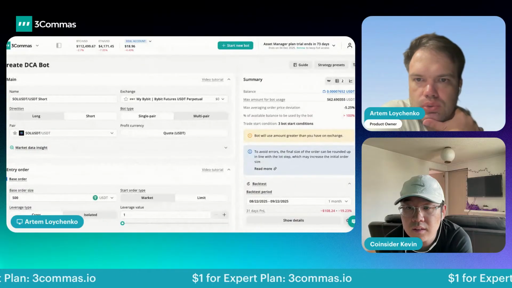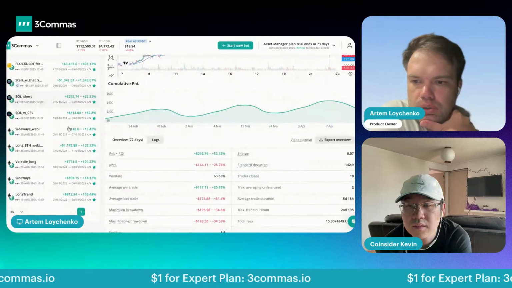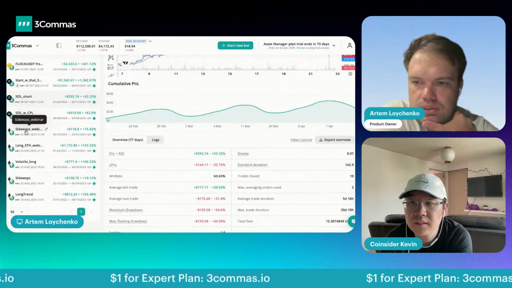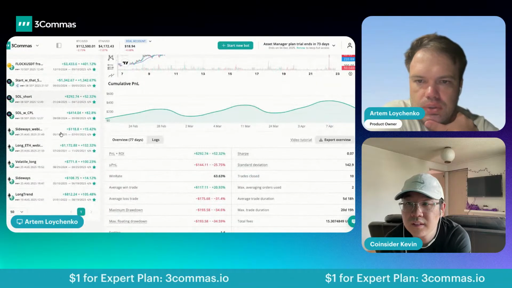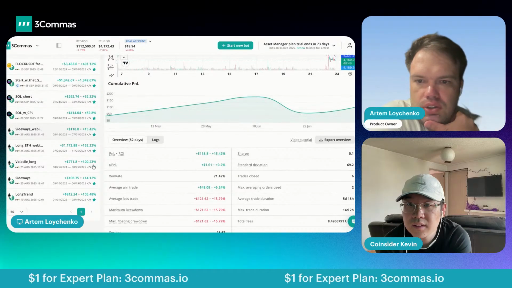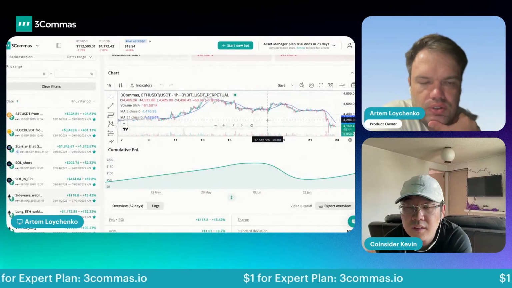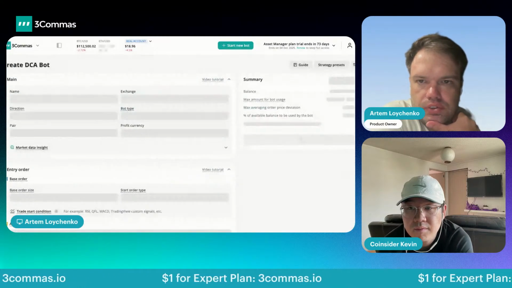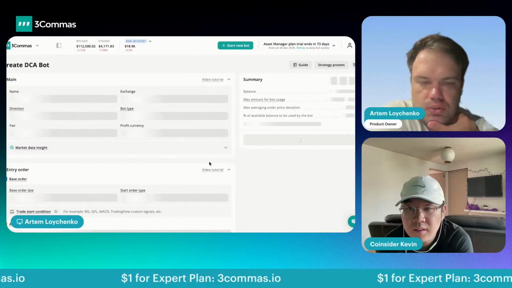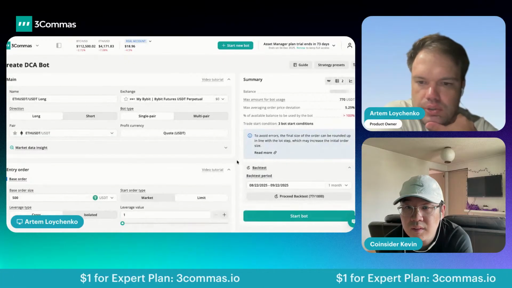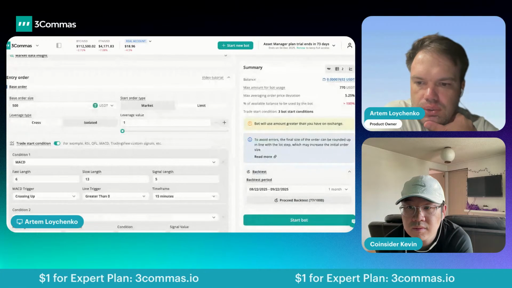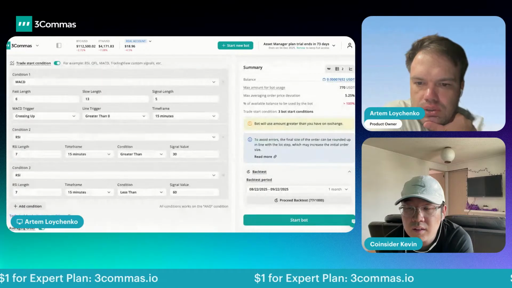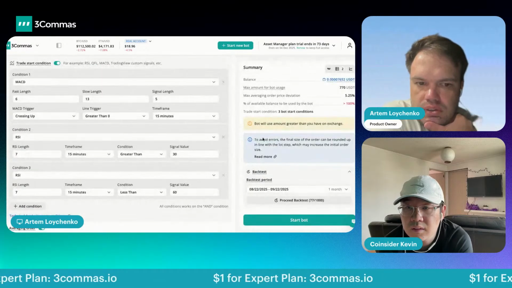Let's try this volatile one, the sideways, and see how this one goes. This is what we did for ETH. Let me copy config. This is the last one that I want to check, and then we're just going to repeat again.